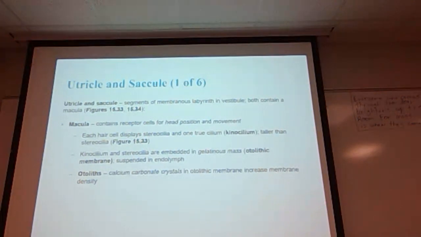Both of these cilia types are embedded in a gelatinous mass called the otolithic membrane, which is suspended in a fluid called endolymph. The otoliths are calcium carbonate crystals found within that membrane, and they are there to increase the density of the membrane.